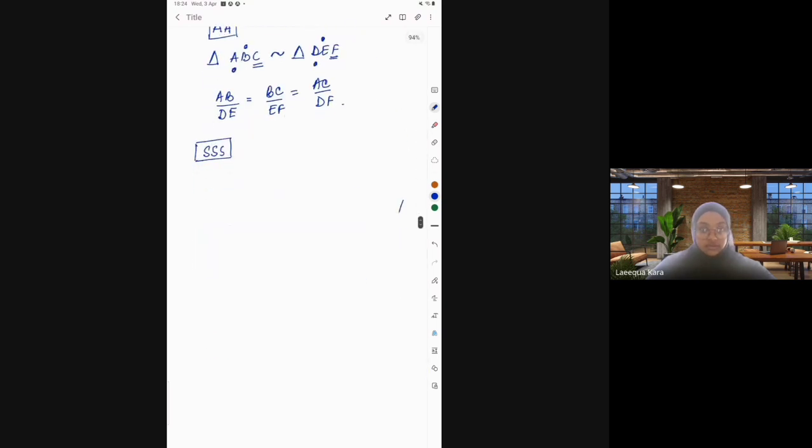So if in a problem I am given a triangle like this, and another triangle like this, and the length of AB is given as 5, length of DE is given as 10, let's say BC is 2, EF is 4, and let's say AC is given as 3, and DF is given as 6.